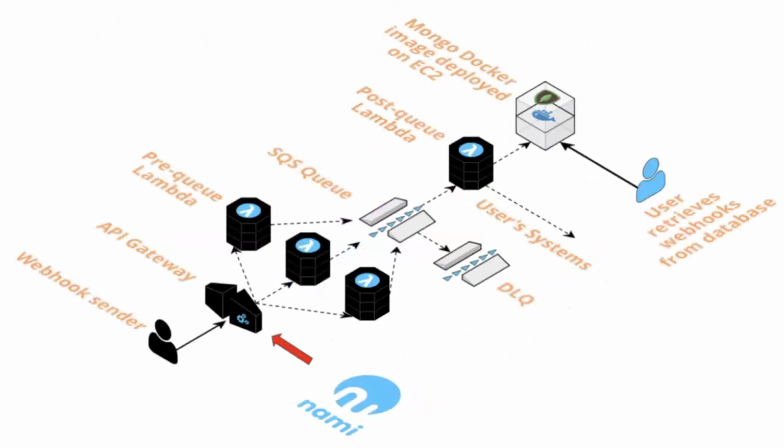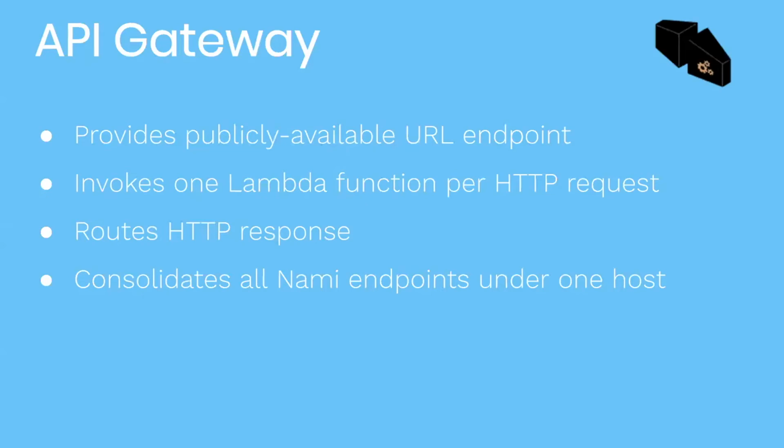Finally, we create an entry point into our system where the webhook data actually comes in, and that's the API gateway. So with webhook requests, they need to be sent to a publicly available URL endpoint. But the Lambda function itself doesn't provide this.